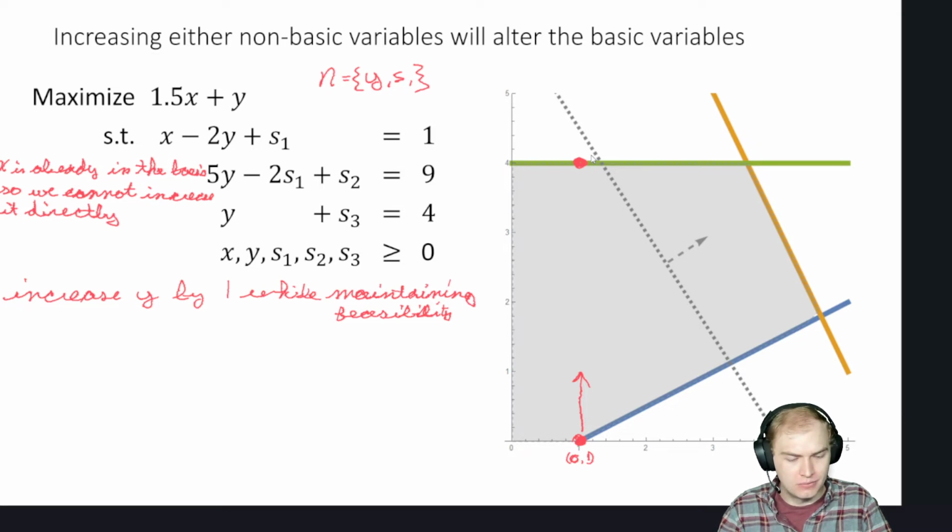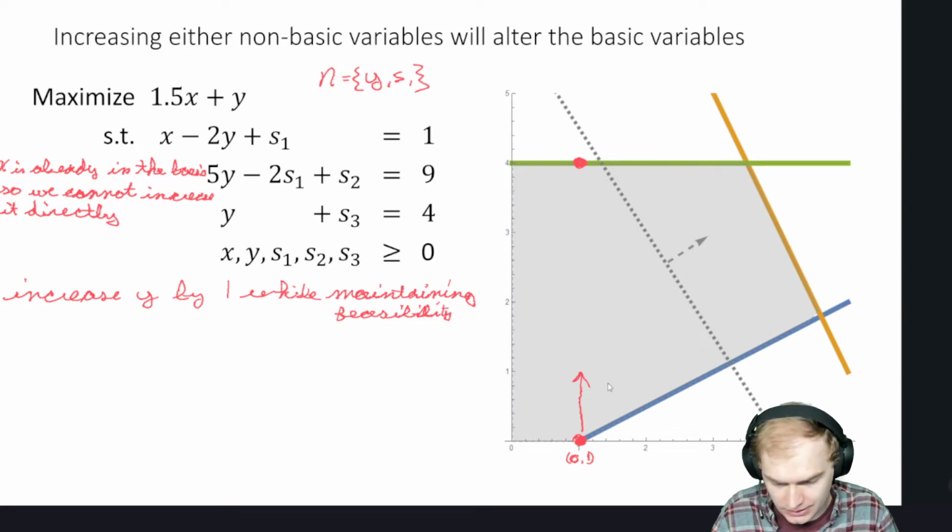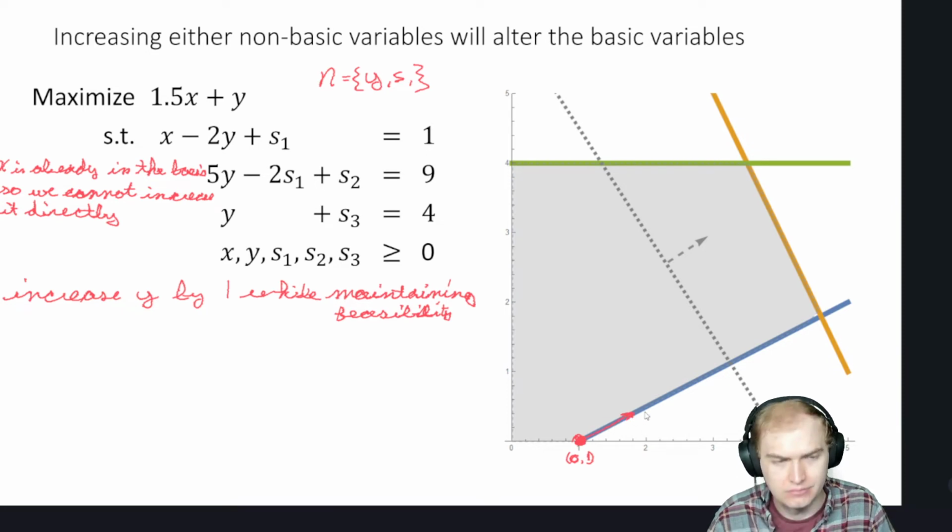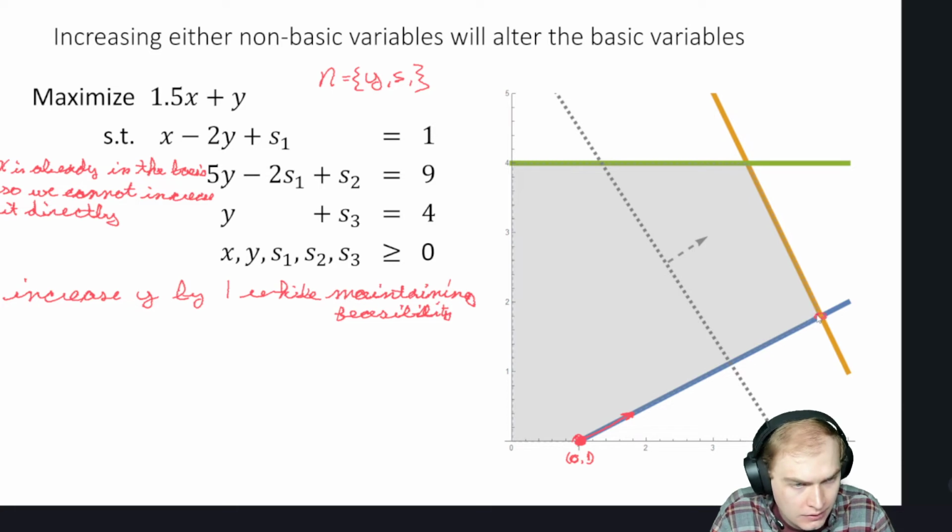And we don't want to bother looking at non-extreme points, because the optimal solution, if it exists, will be at an extreme point. So instead, we want to ride this constraint up this direction to this point. Spoilers.